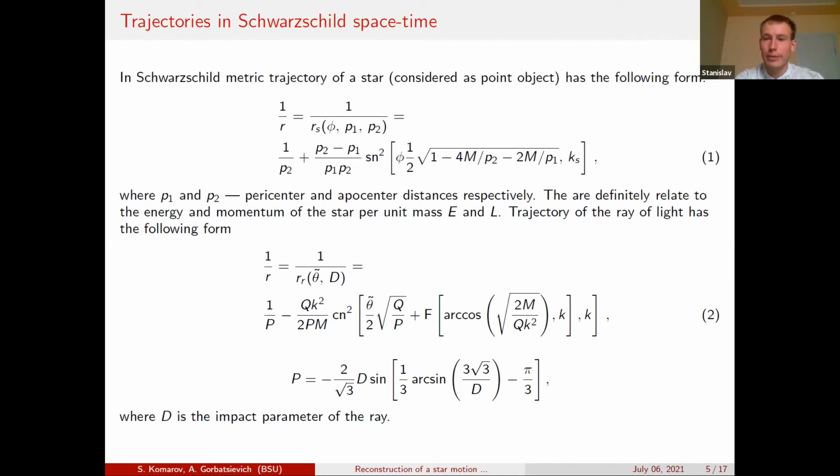And also we use the well-known solution for the isotropic geodesic in Schwarzschild space-time.